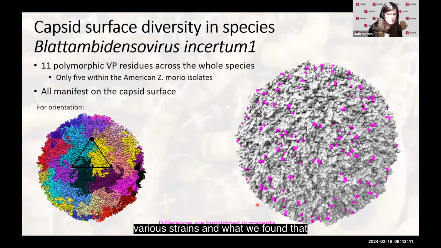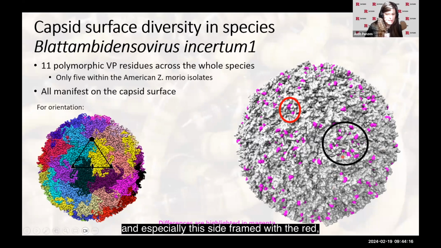And what we found is that these polymorphic sites were actually all surface exposed on the capsid surface, so they must be associated with capsid-related metabolism of this virus, and that they were actually limited into clusters on the capsid surface, one cluster located in this region and another located on the spikes surrounding the 5-fold axis.